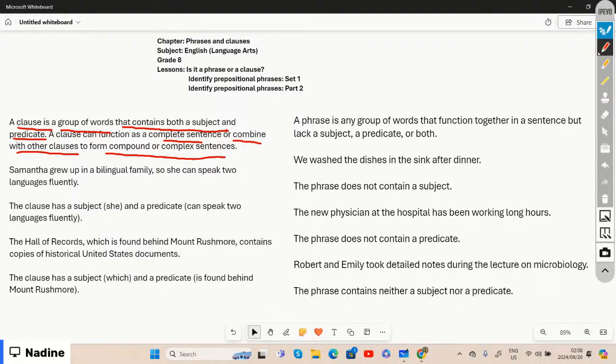All right, so we said a clause is a group of words that contains both a subject and a predicate. A clause can also function as a complete sentence, or a clause can combine with other clauses to form either a compound or a complex sentence.